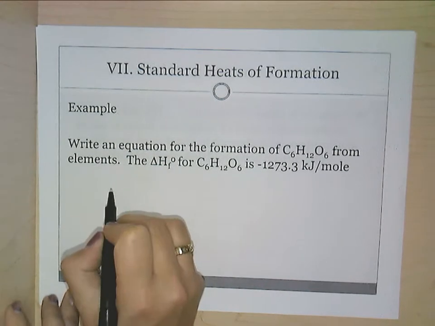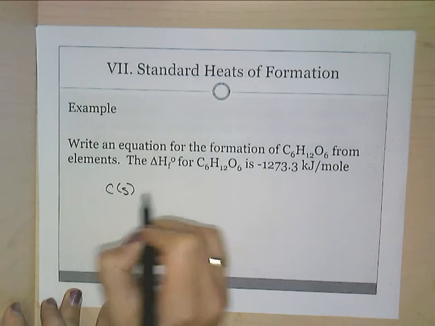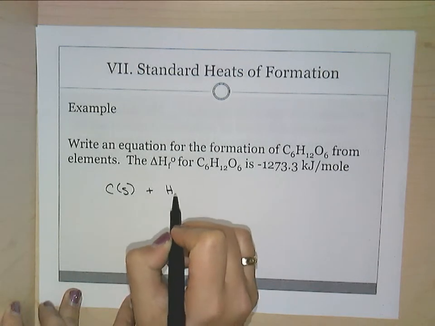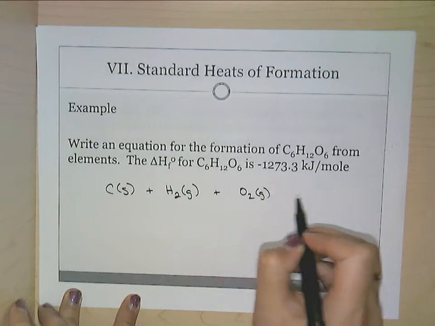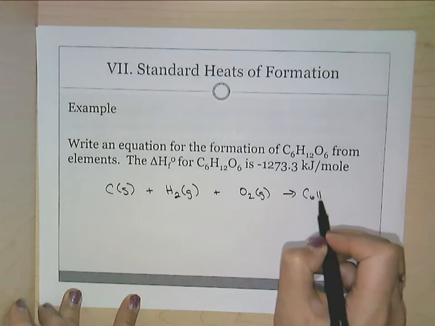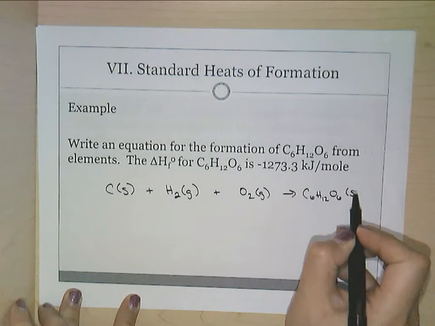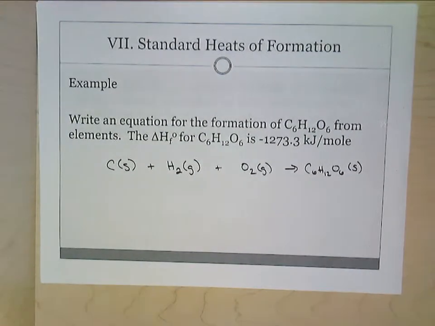So, what Mastering is looking for, right, so carbons plus oxygens plus hydrogens. And then they want you to balance it.